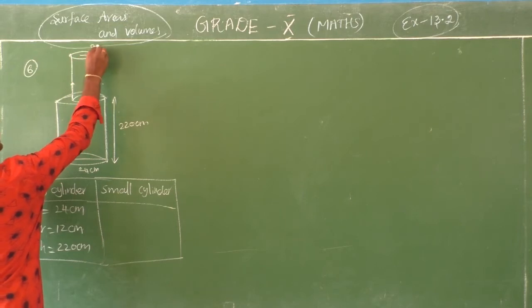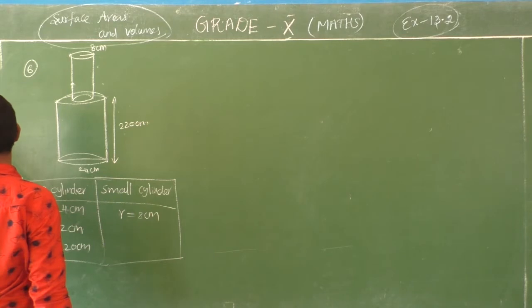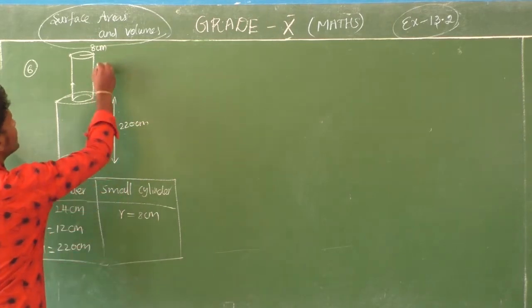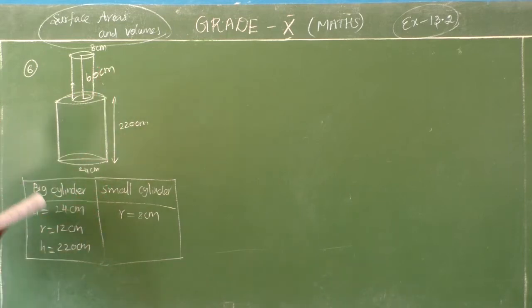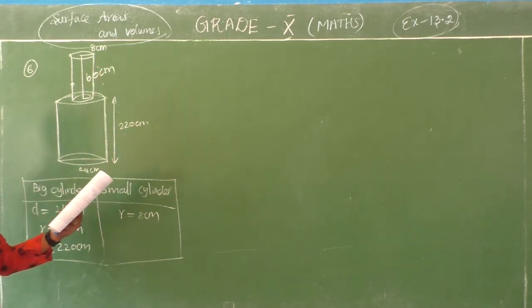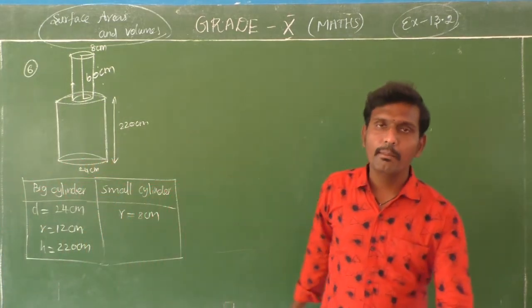So this cylinder has radius r equal to 8 cm, and the height of the small cylinder is 60 cm. Find the mass of the pole.